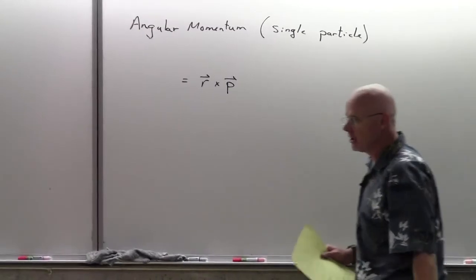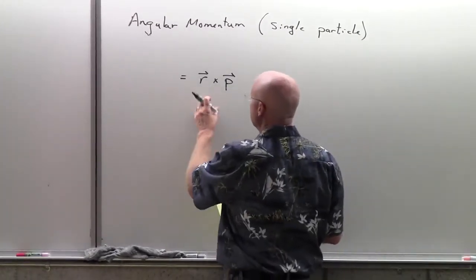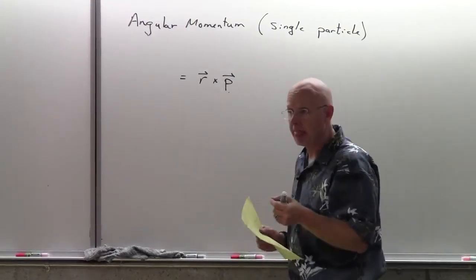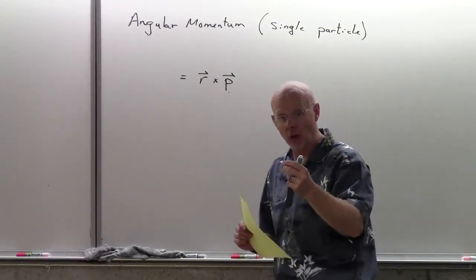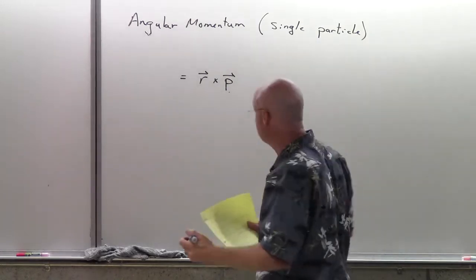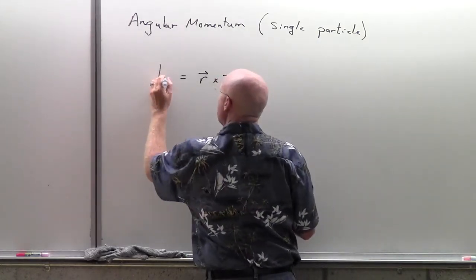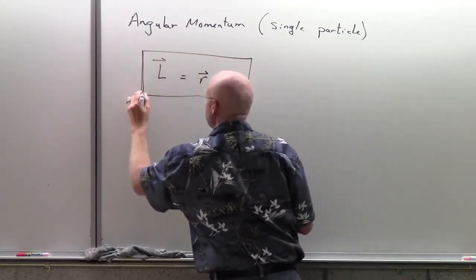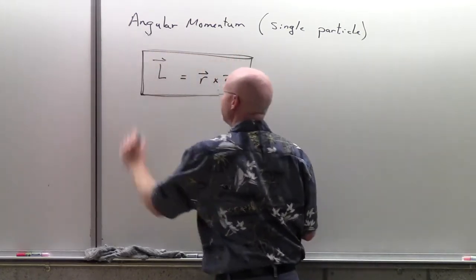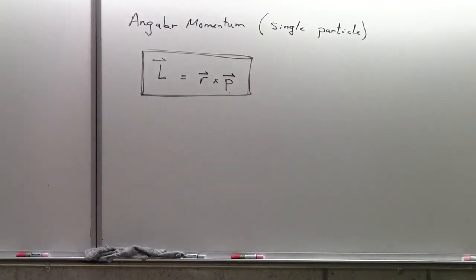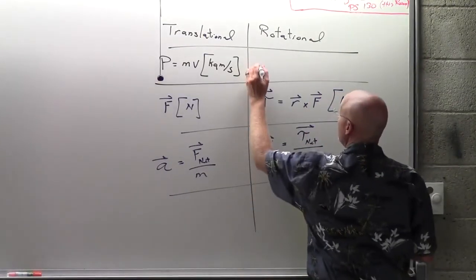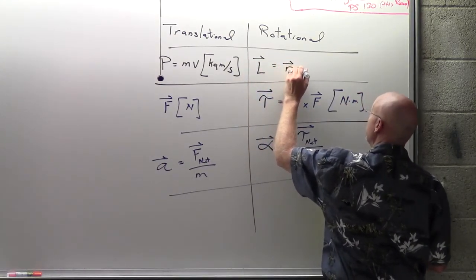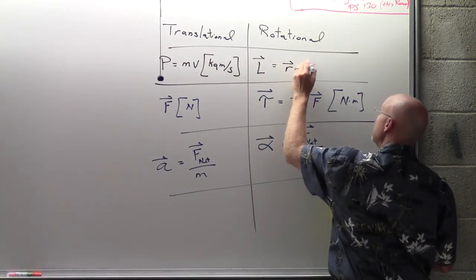But our definition of angular momentum is going to be this. We are going to take then the linear momentum and then cross it with the radius of rotation. So then we will have angular momentum. And so let me start there. And then also notice then that the symbol we are going to use for angular momentum, coming from the Latin, is an L.